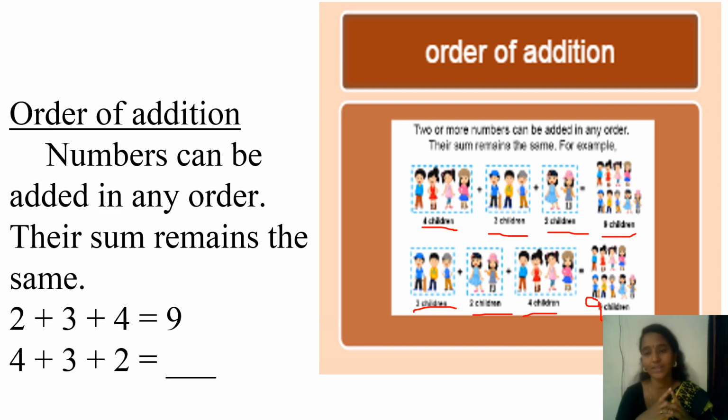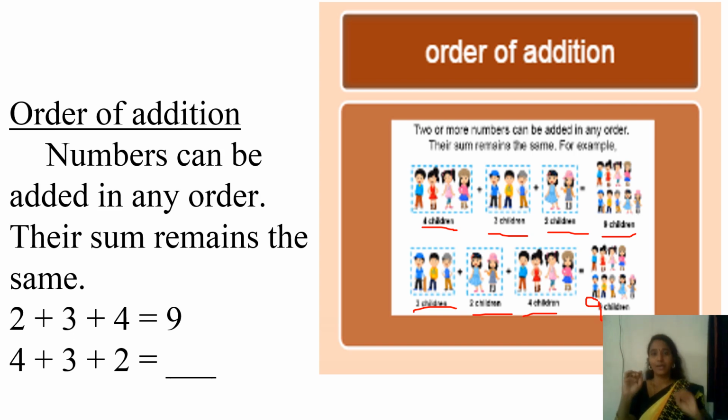Let me give you another example. You are having 5 chocolates. Your mother gave you 3 chocolates. Your father gave you 2 more chocolates. Total how many? 5, which you have. How many chocolates did your mother give? 3. And how many chocolates did your father give? 2. Total how many chocolates? 10.